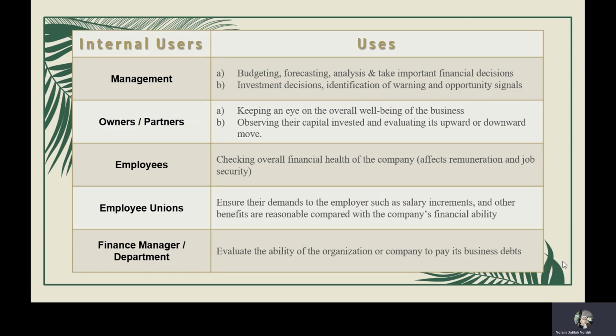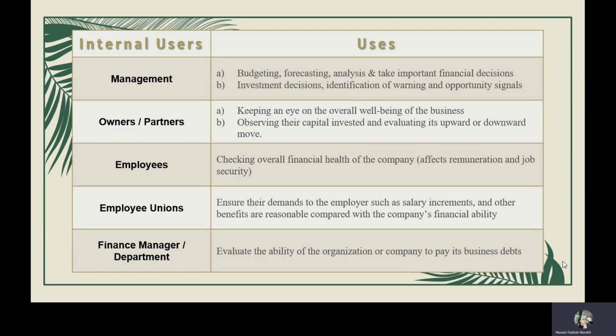Owners also observe their capital invested and evaluate its upward or downward move. This is important to monitor the cash flow in and cash flow out, so they will know the profit or loss of the company in the whole year.